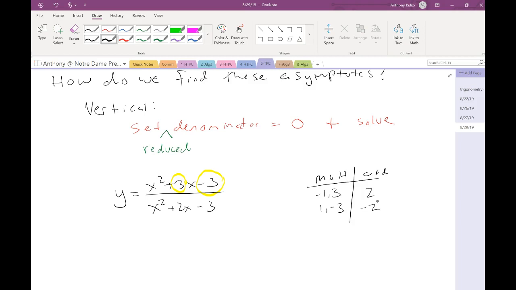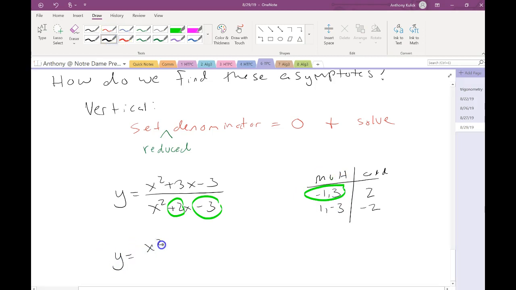Okay? Let's worry about the denominator now. So again, we're looking for two numbers that multiply to give me negative 3 and add to give me positive 2. So we want those two. Everybody agree?